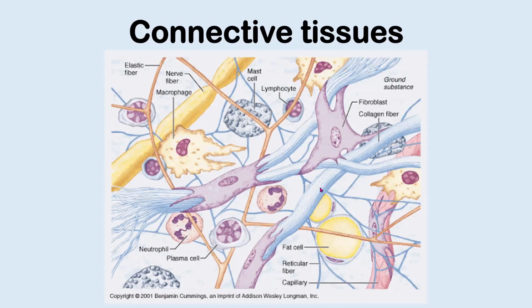So you've got these collagen fibers, collagen, all over the place. And the whole thing is sitting in this, what they call ground substance. And that's all. It doesn't have a shape. It's just in there. Macrophages, by the way, are the big white blood cells that eat up whatever rubbish there is.